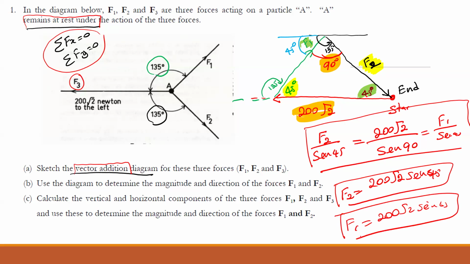So you can find the answer now. 200 times root 2 times sine 45. So this one is 200 newtons and this one is 200 newtons as well. Are you okay with this? Any question?